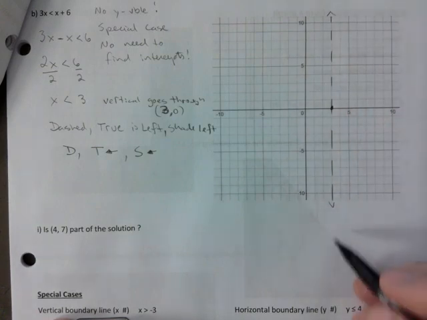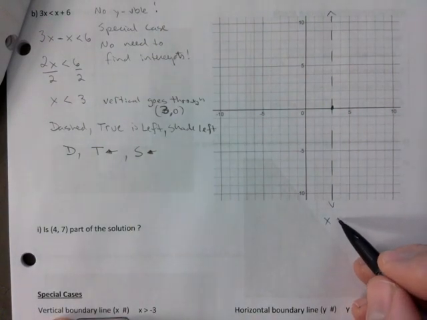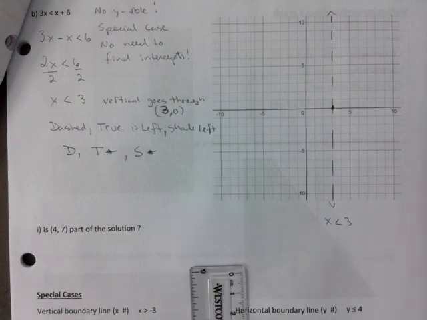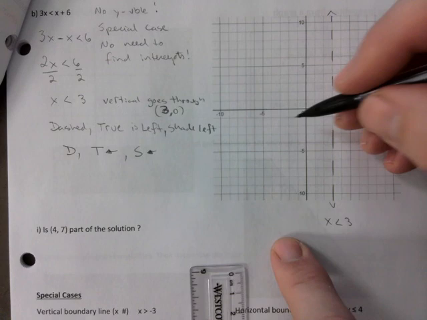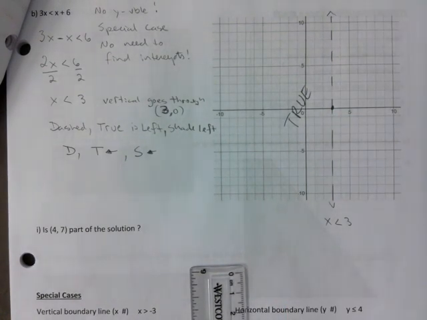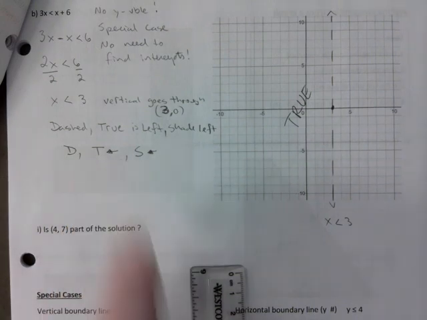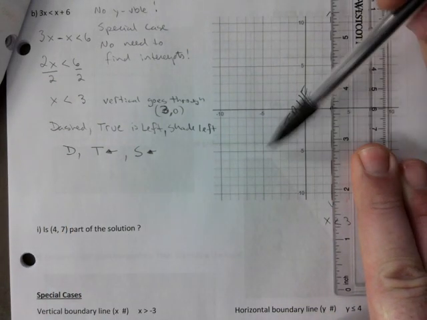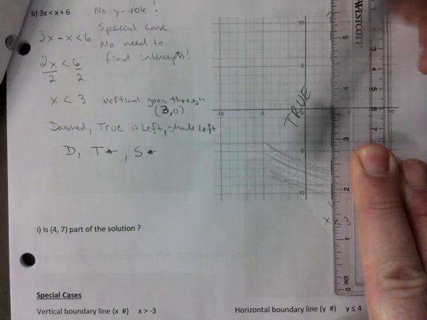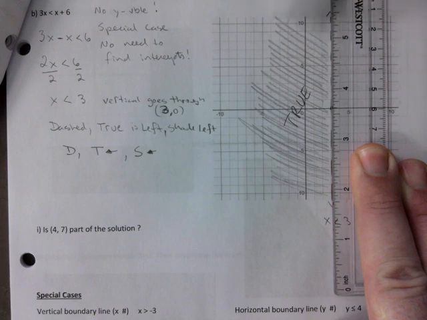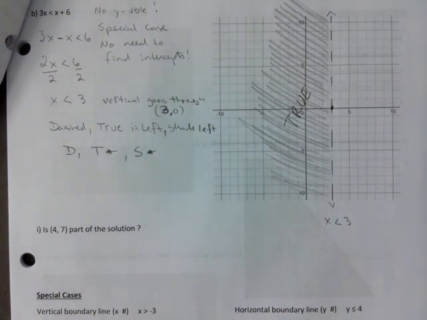Make sure you have arrowheads. x is less than 3, like that. And what's more important to me than, well, shading is important too, but make sure you clearly identify where the true region is. It's to the left. You've already determined that. And then just grab your ruler to act as a break there. Good enough in my books there.